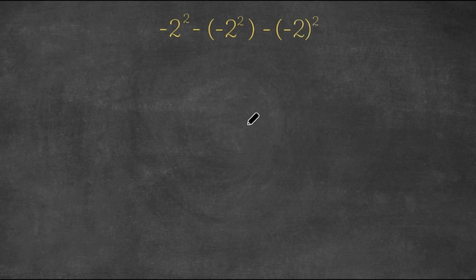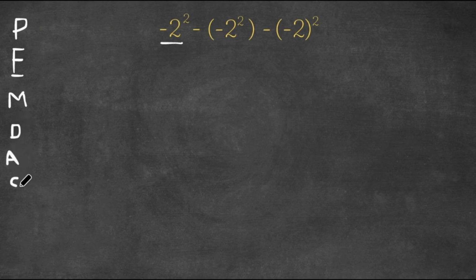Now, to solve this problem, let's actually solve it with each individual term. So as you can see, we have 3 terms here. I'm going to first start by doing negative 2 squared. So if you guys know order of operations, which is PEMDAS, P-E-M-D-A-S, well, this is the order of operations in which you solve a mathematical problem.